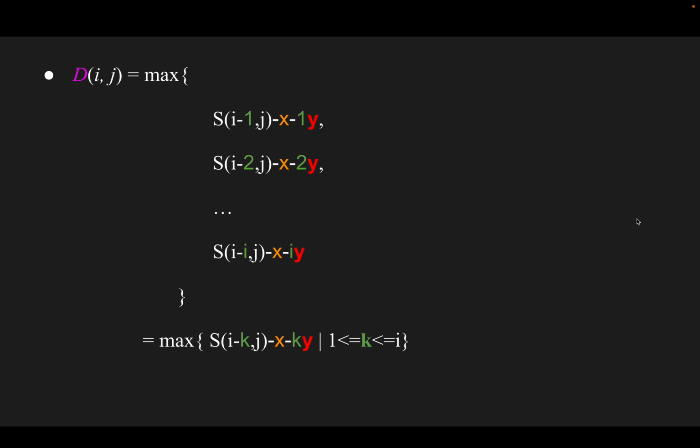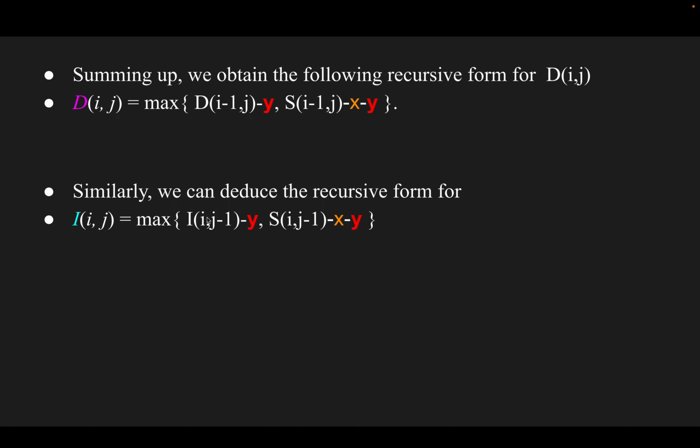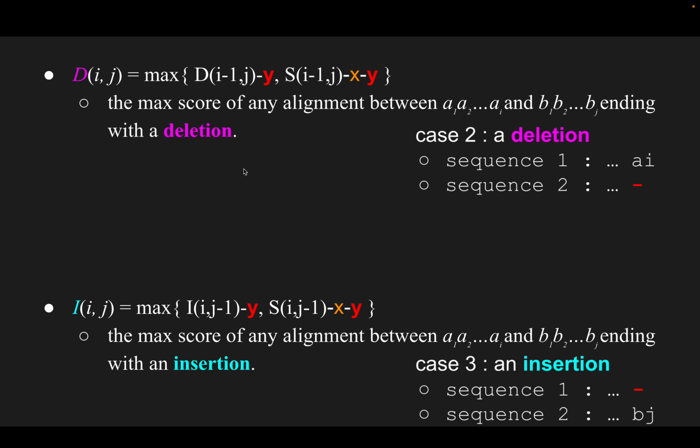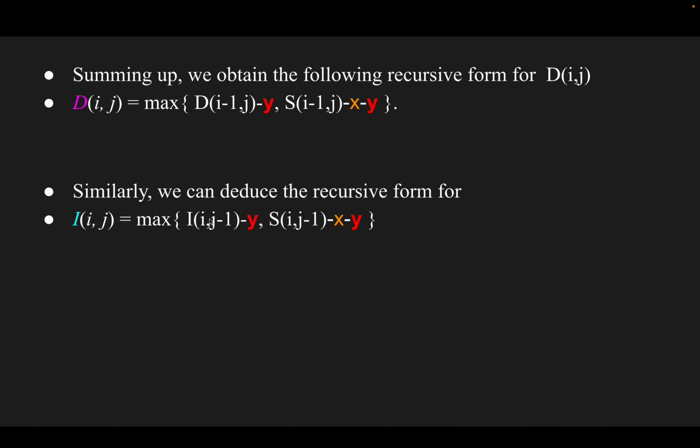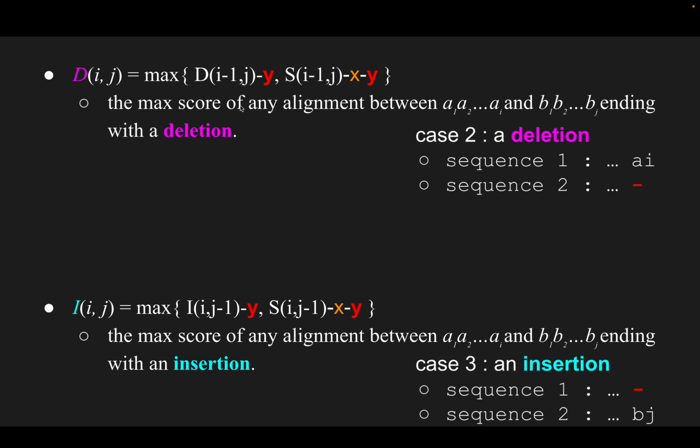So you can just swap i and j to get the form here: j minus 1, j minus 1. But the remaining parts are the same. So, summing up, we get the recursive formula for D(i,j), I(i,j).